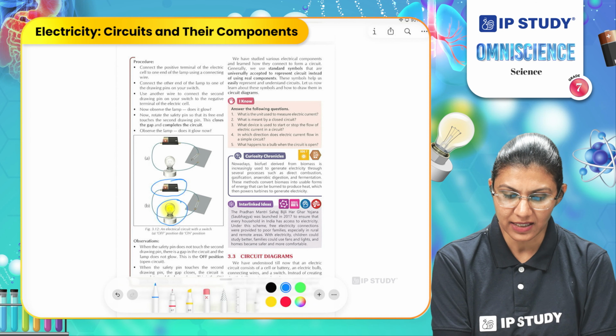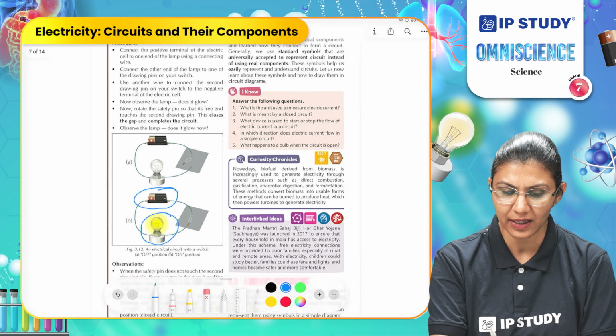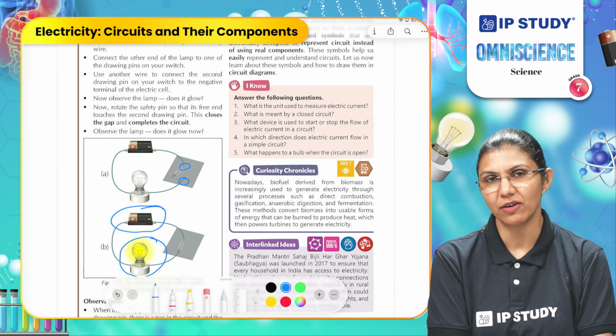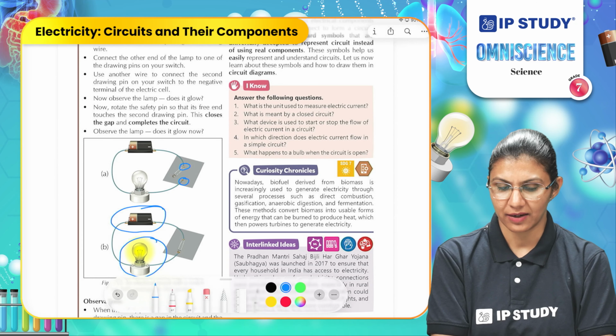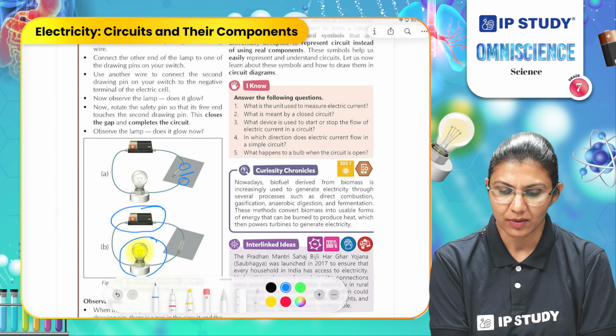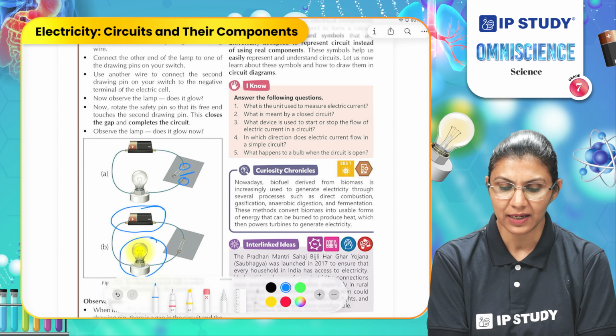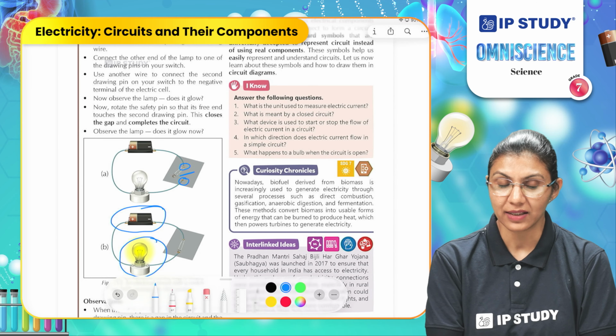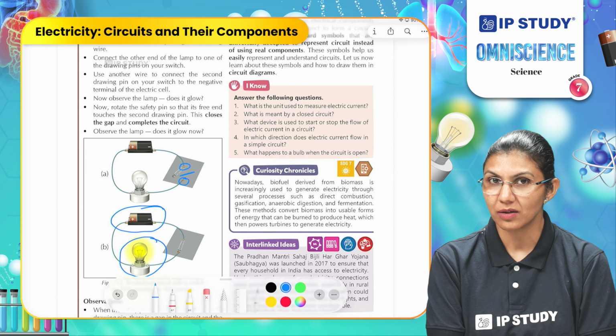So in the first case, you can see here the safety pin is not connected to both ends of the circuit. It is connected to one end only. So the circuit is broken, it is incomplete. In such a case, we can say the switch is off and the circuit is open.